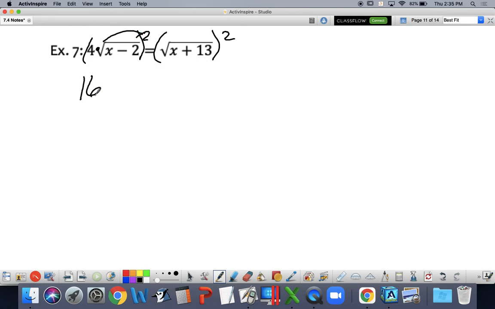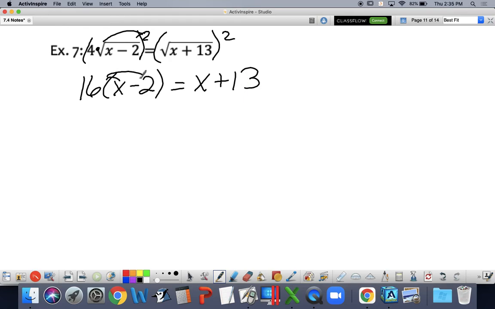So I get 16 times x minus 2. Notice it's the quantity x minus 2 equals x plus 13. And I say that just reminding us that that would necessarily be the quantity, because this is going to make it a multi-step problem, right?